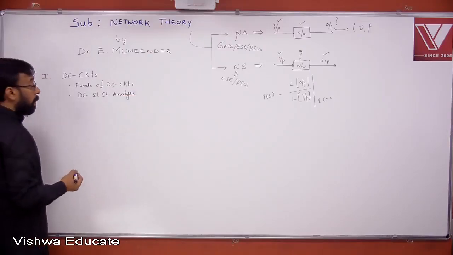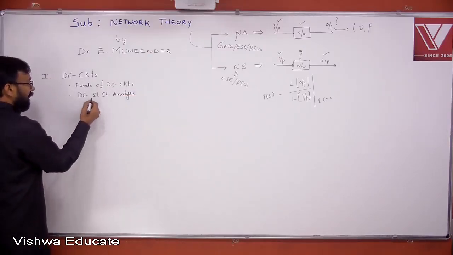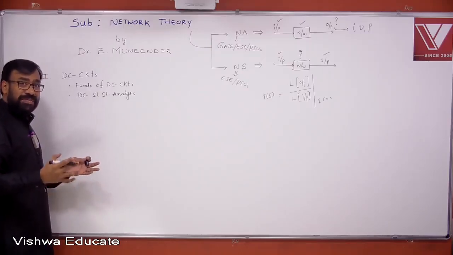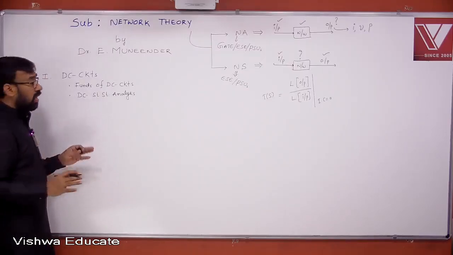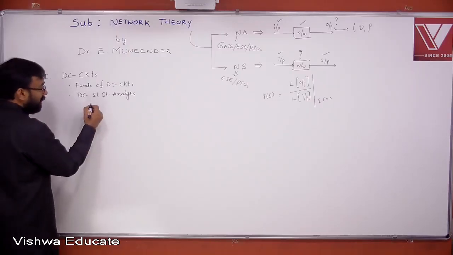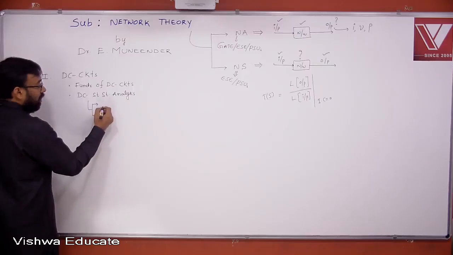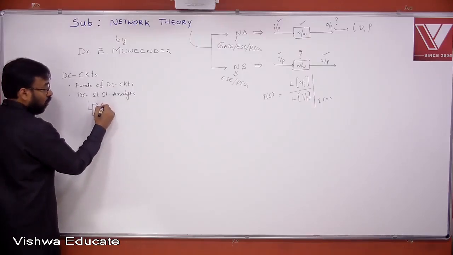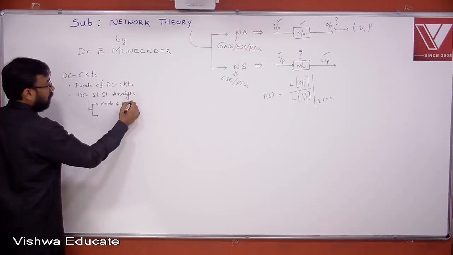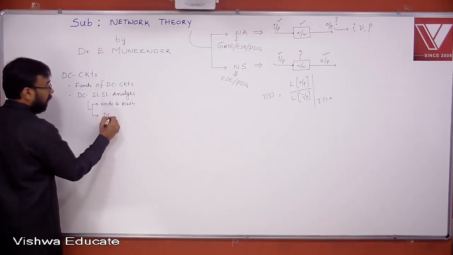Understand all of you? Okay. In DC steady state analysis, you have methods of analysis like node analysis, mesh analysis, and so on and so forth. And of course, you also have DC theorems in this. So I just divide this into methods of analysis like node and mesh analysis, and DC theorems.